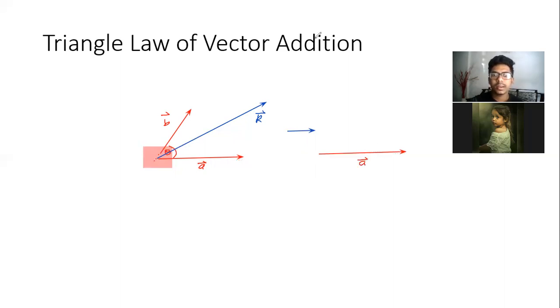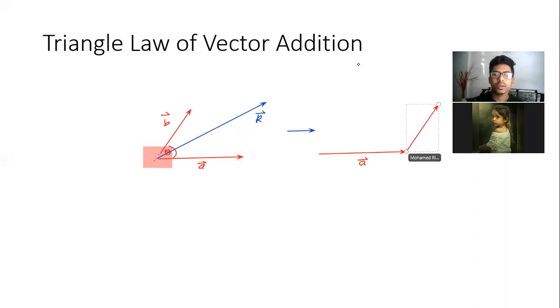Secondly, I take the B vector, which is this. I take the second vector and place it at the point where the first vector ends.